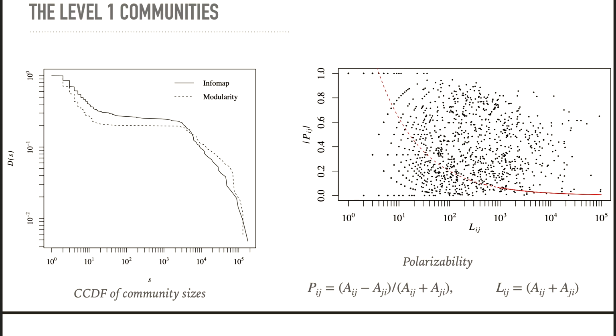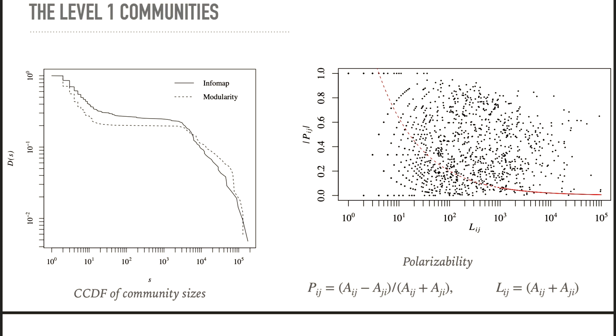In InfoMap we know that it uses a random network, so we should expect this quantity to be asymmetric, and if the links are uniform, then there is no partition into communities. We plot the distribution of polarizability versus Lij.